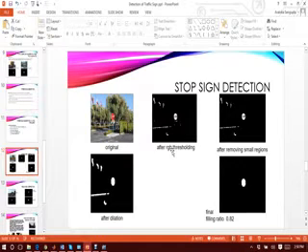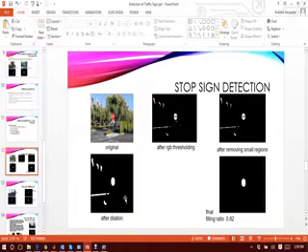Finally, we have shown the step-by-step stop sign detection by this algorithm, where we see that the original image after RGB thresholding has a few larger or smaller areas, which are again filtered by removing the small regions, and then after dilation we find that the stop sign has been identified.